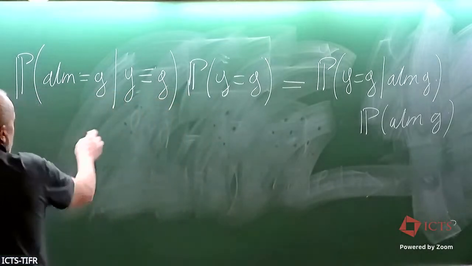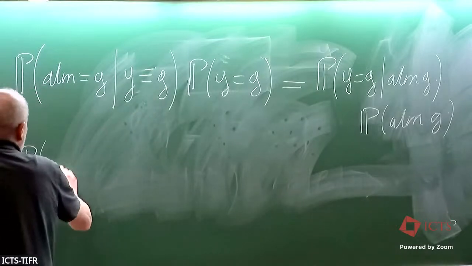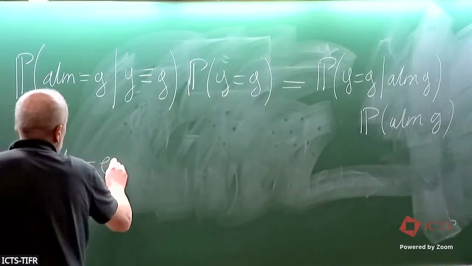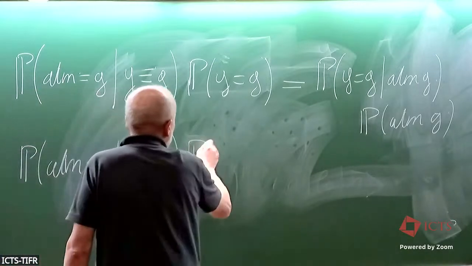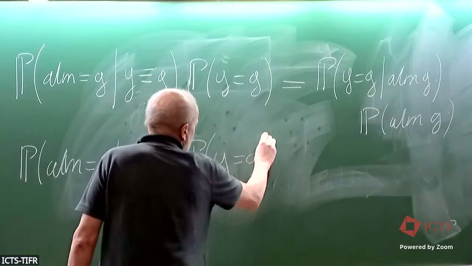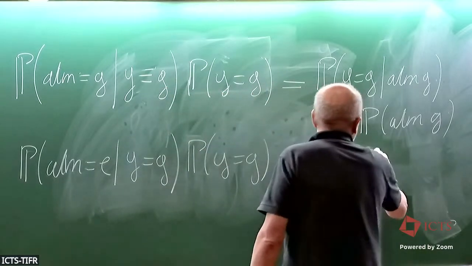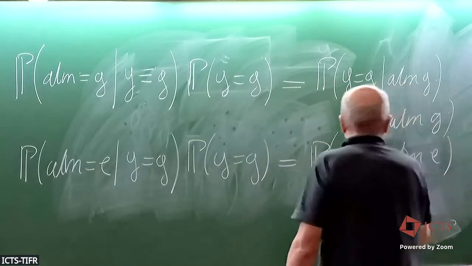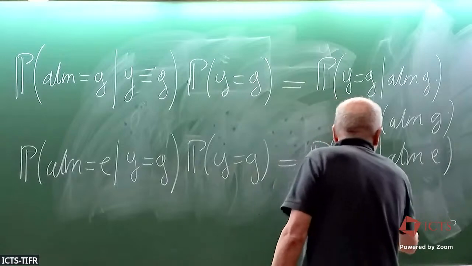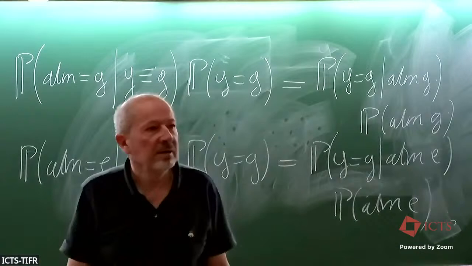And I have exactly the same for the other one: the probability that the atom is in E, knowing that Y is in G, times the probability that Y is in G, is equal to the probability that Y is in G, knowing that the atom is in E, times the probability that the atom is in E. Okay?